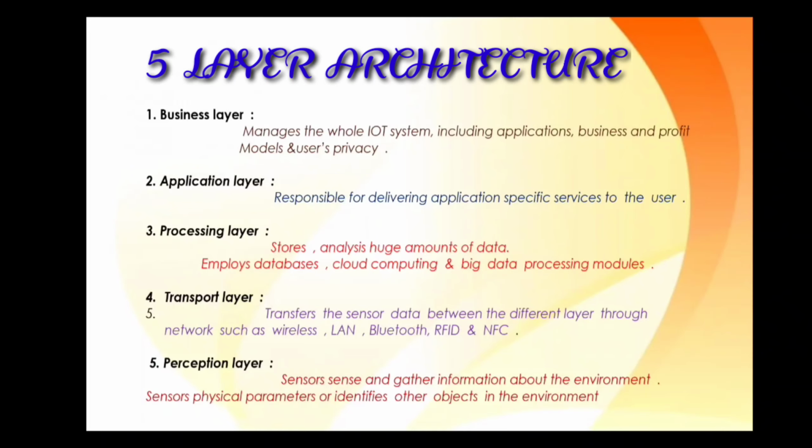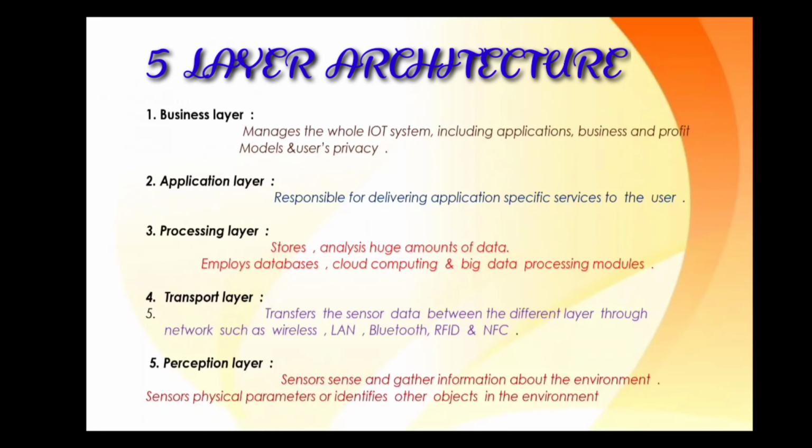Then the processing layer, which stores and analyzes huge amounts of data, with databases in cloud computing and big data processing modules. After that, the fourth layer is the transport layer, a very important layer, which transfers the sensor data between the different layers through networks such as wireless, LAN, Bluetooth, RFID, and NFC.